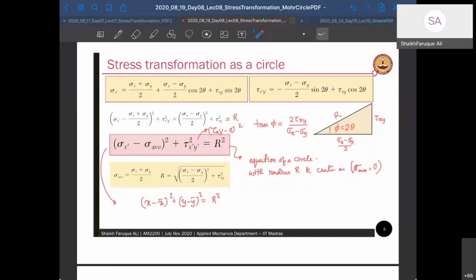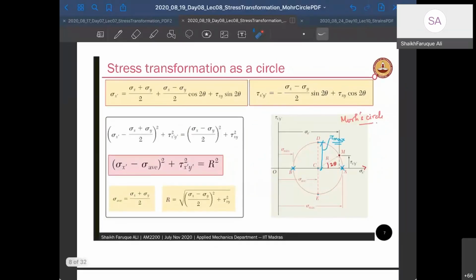Right. So if we start drawing it, let's say this is my sigma axis and that's my tau xy axis.